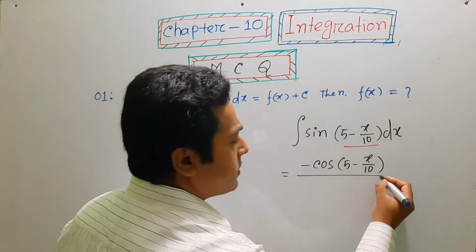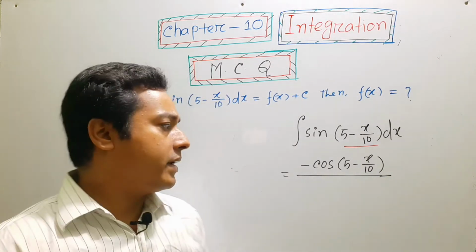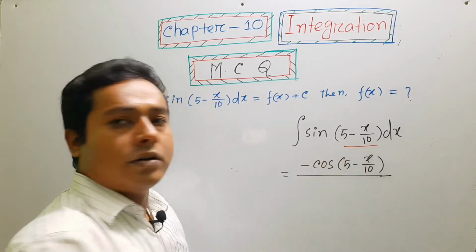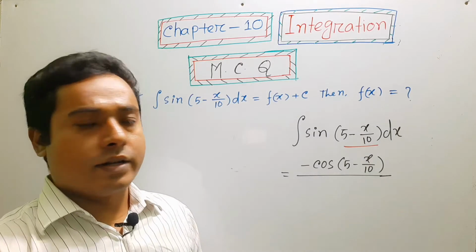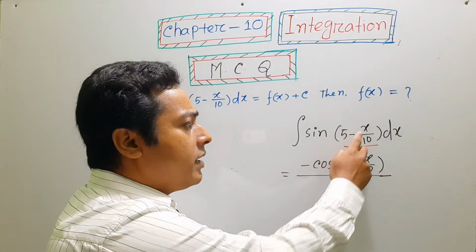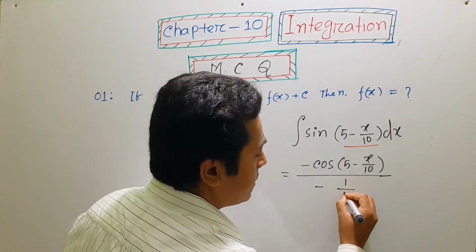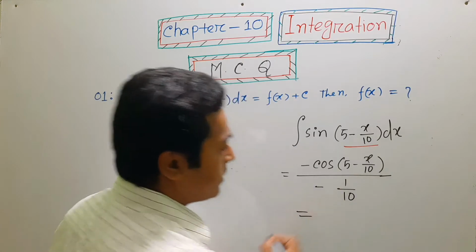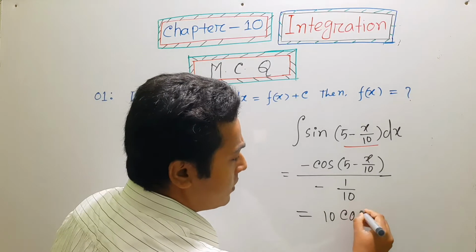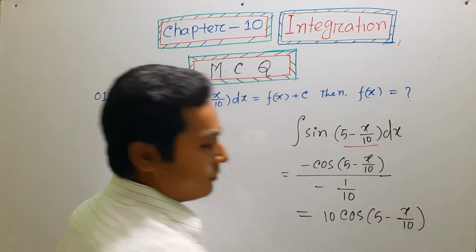Our technique is, if any constant is involved with x, then divide the integral result by that constant. Here the constant involved with x is minus 1 by 10, so divided by minus 1 by 10, our answer will be 10 cos of (5 minus x by 10).